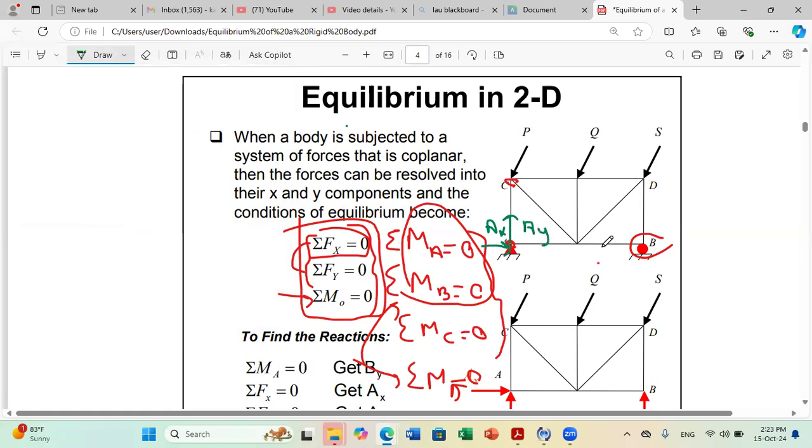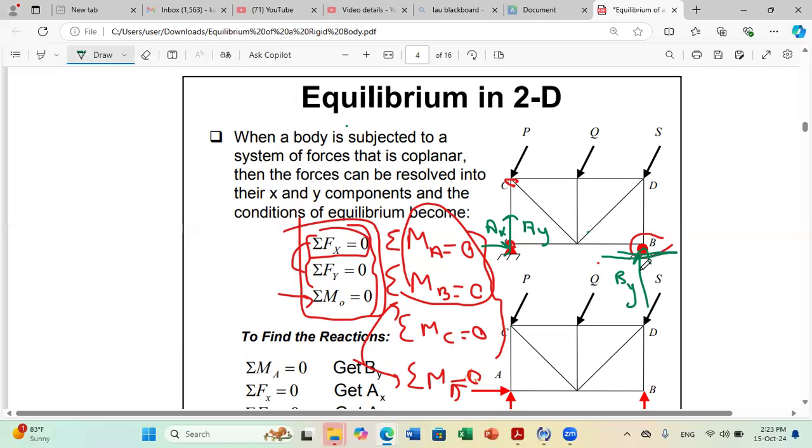A roller can only develop a force perpendicular to the contact line. This is the contact line. So I have, this is BY. These are the reactions developed on my structure. I have 3 unknowns to solve for, AX, AY, and BY.